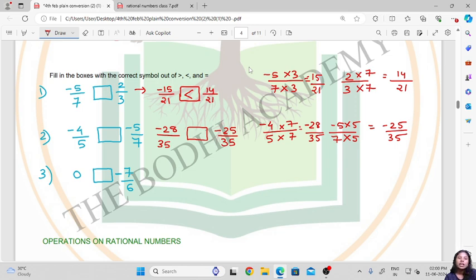So we have 28 upon 35 and 25 upon 35. Here we have ignored the negative signs. So in this case we know that 28 upon 35 is greater than 25 upon 35. So when we are having negative signs, this sign is just going to be reversed.